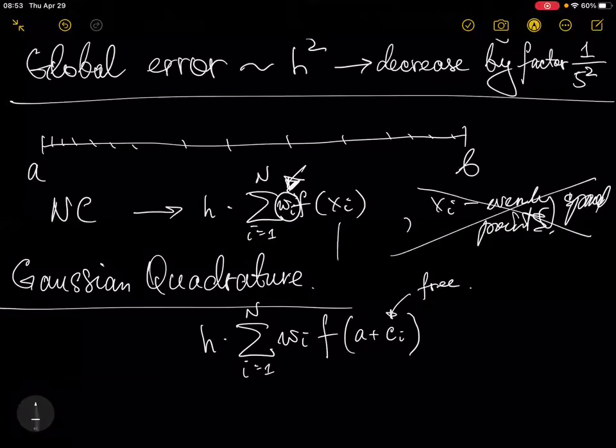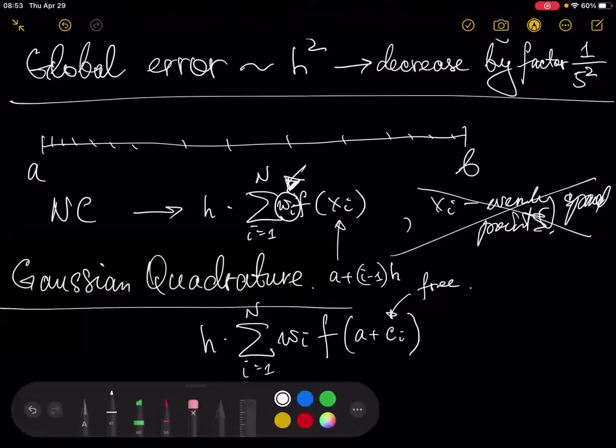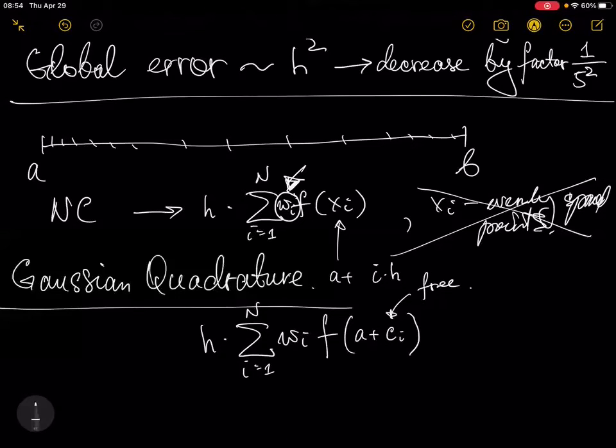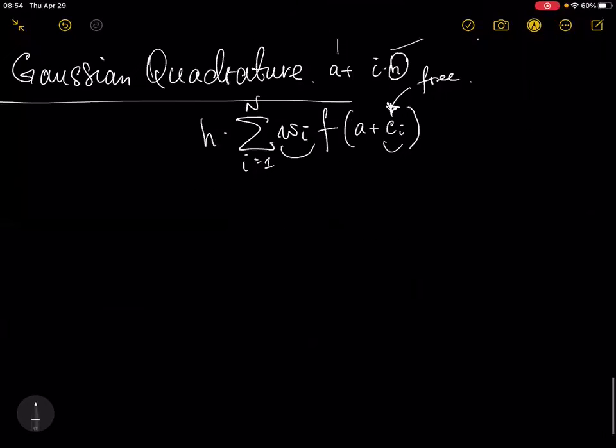Here we had essentially a plus (i minus 1) multiplied by h, and these were equally spaced points. But here we can say, let us consider some non-homogeneous spacing of points. This essentially doubles the number of parameters which we can choose. And as you saw in problem number 3, now of course you will be solving a nonlinear system of equations, but you can still find them.